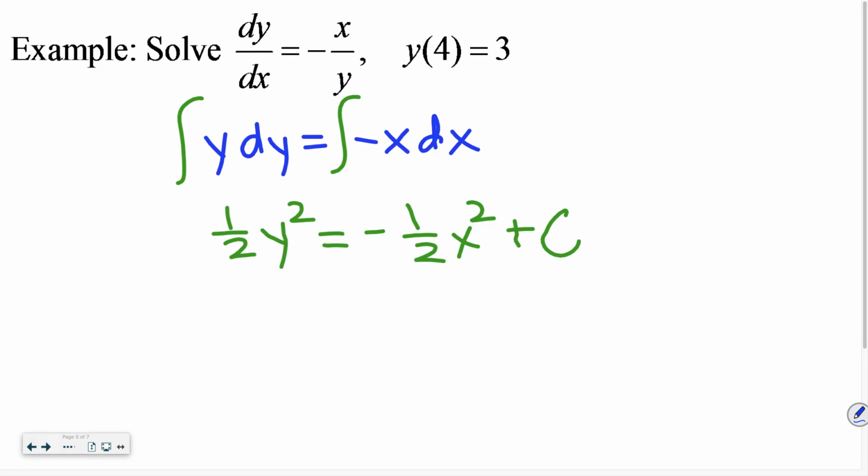All right, now y squared is going to be, when we multiply the 2 over, negative x squared plus 2 times a constant, still a constant. This is where I need you to be careful.